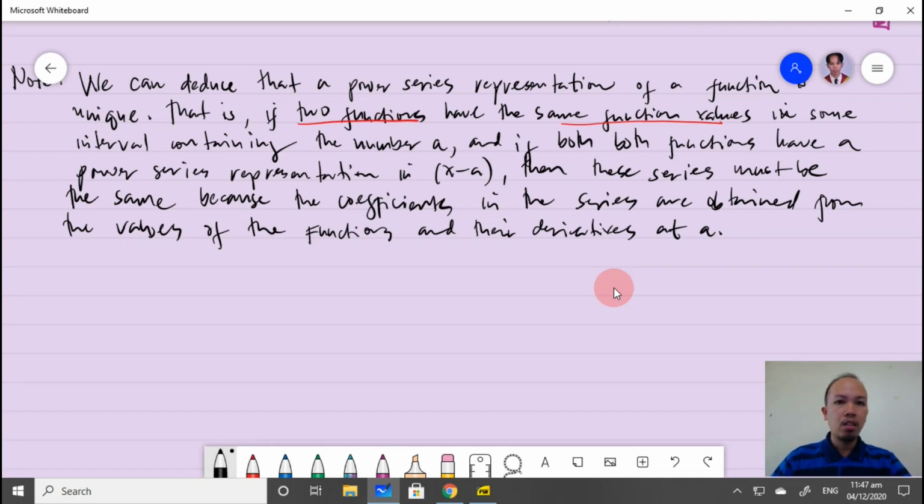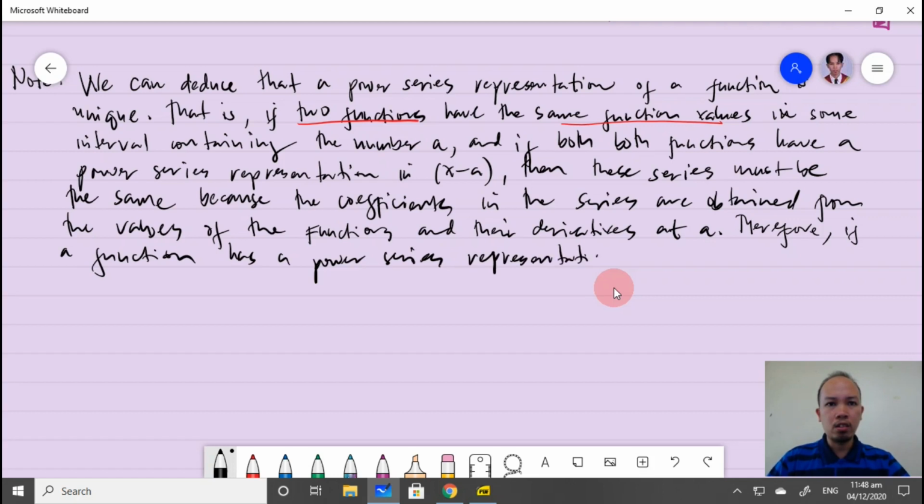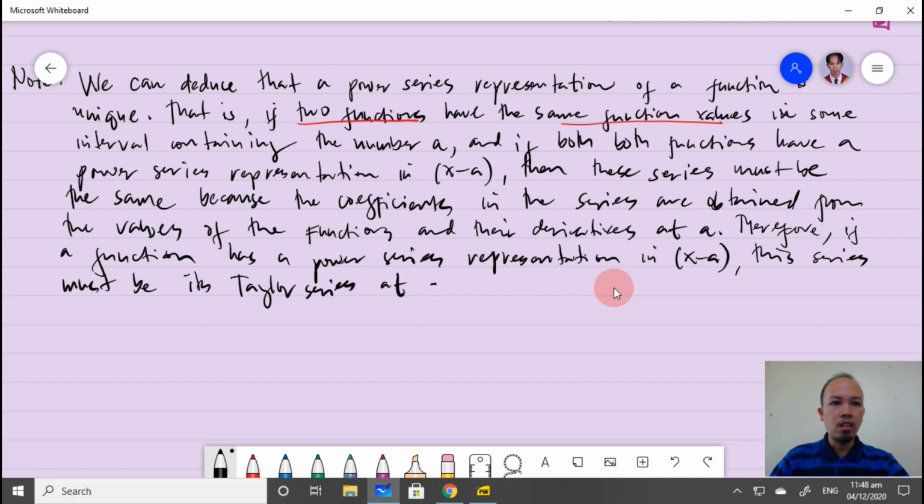Therefore, if a function has a power series representation in x minus a, this series must be its Taylor series at a number a.